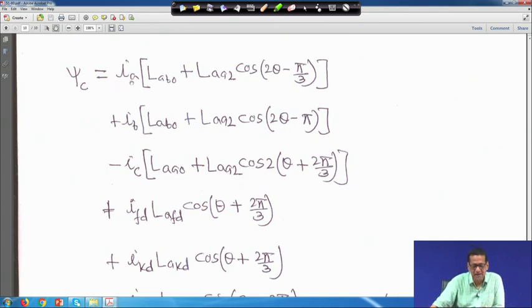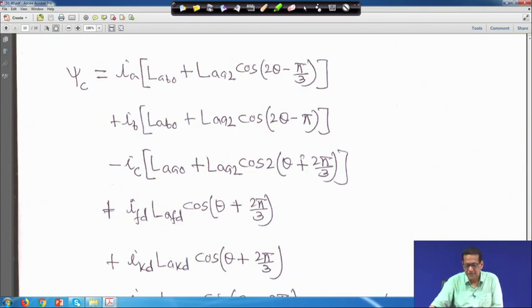So, psi C will be IA into LAB0 plus LA2 cos 2 theta minus pi by 3, plus IB LAB0 plus LA2 cos 2 theta minus pi, minus IC LA0 plus LA2 cos 2 into theta plus pi by 3, right.